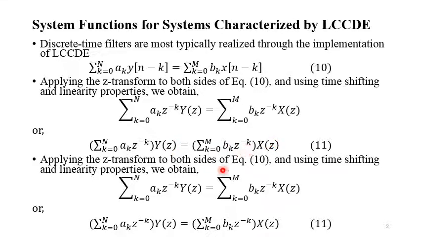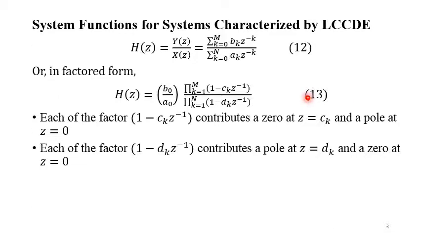So we can write H of z equals Y of z over X of z, and this is equal to summation k running from 0 up to M b_k z power minus k divided by summation k running from 0 up to N a_k z power minus k.